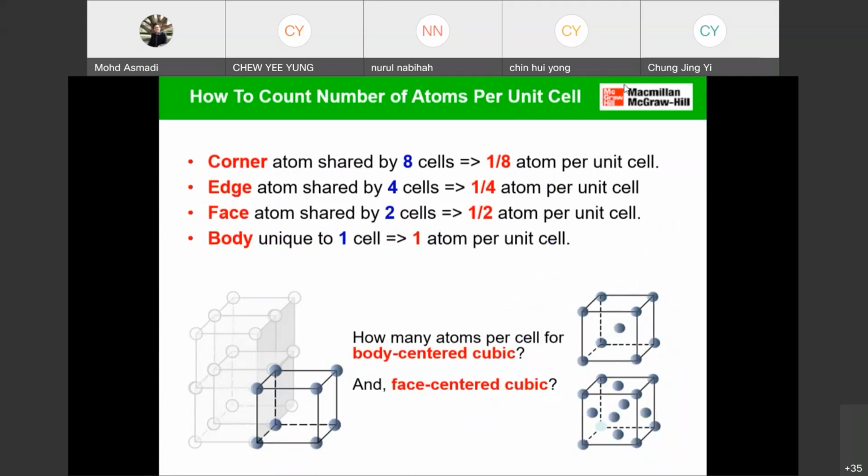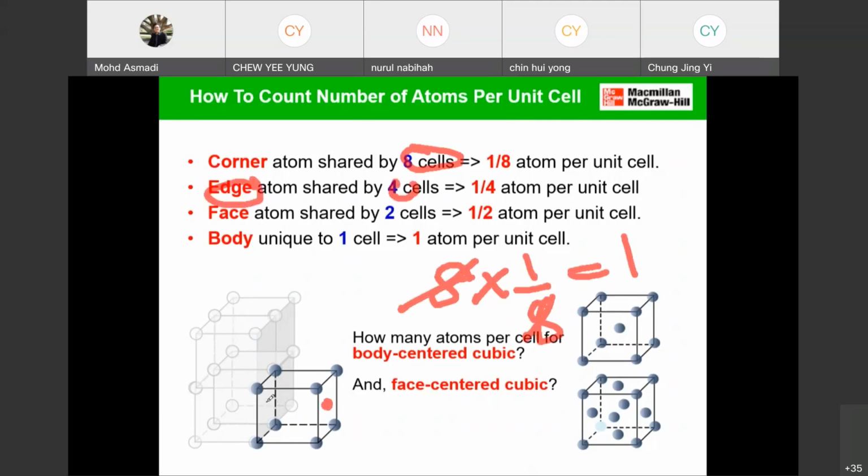For example, the corner atom is shared by 8 cells, so to get one atom we need 8 times 1/8.